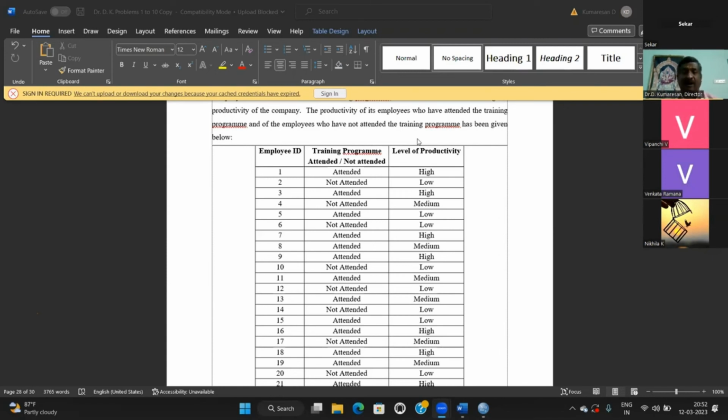But in what way they are allowing means, the chi-square test can be used for testing the association of attributes. Association of attributes. In that case, in using that rule, you can use the chi-square test.